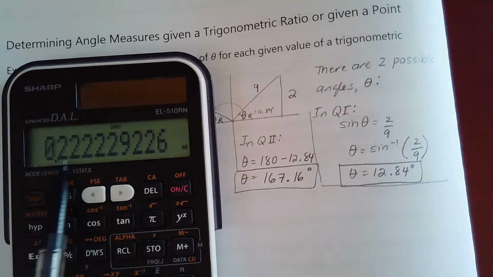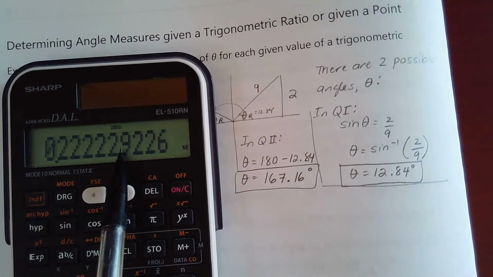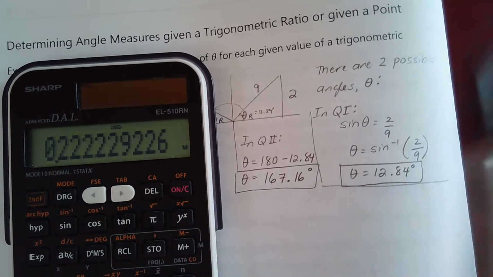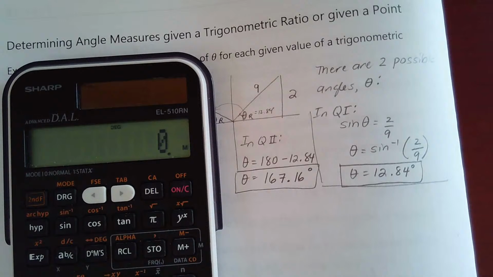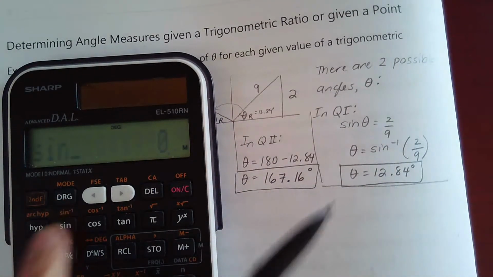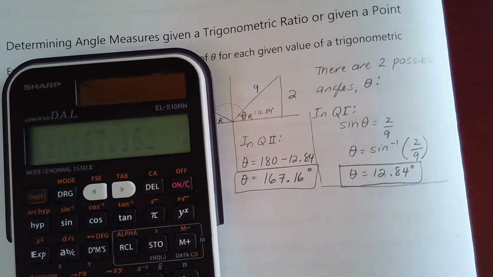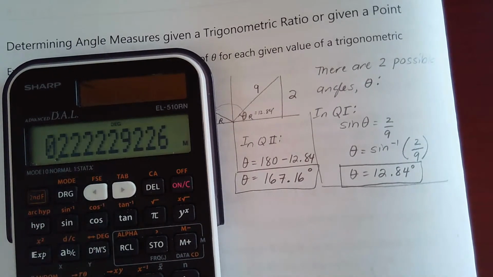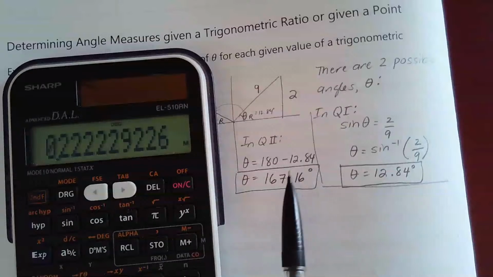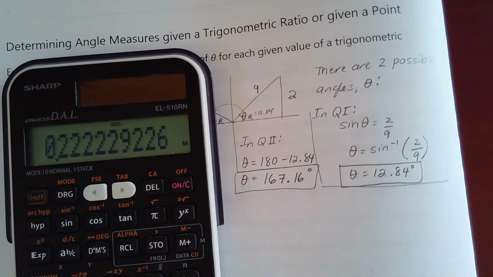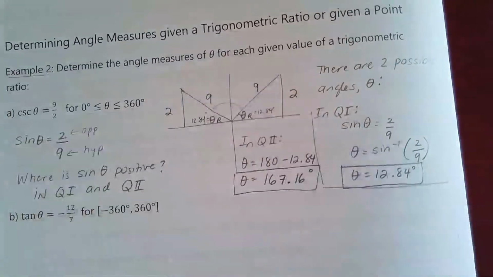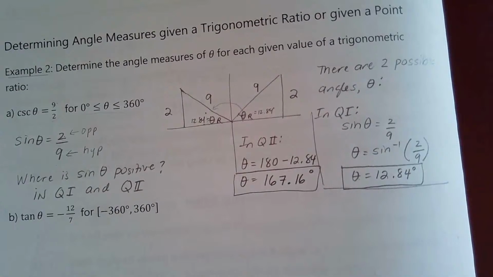Okay, 0.2222. The last digit is different because this is rounded. What about my sine of 167 degrees? We're going to get the same number. So both of these answers are solutions to this question.